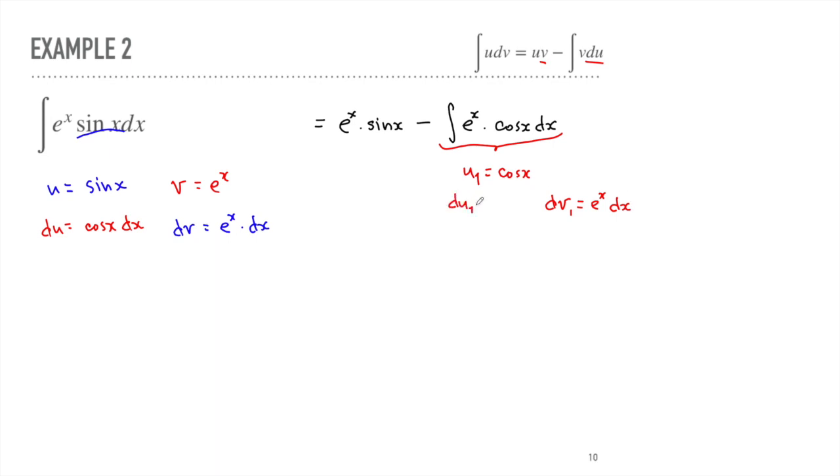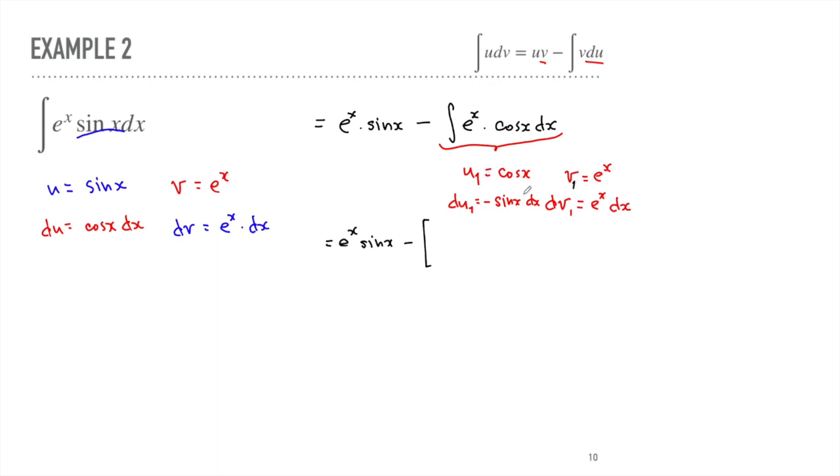Ang du natin, du1, ay derivative ng cosine, which is negative sine. At yung v natin ay integral ng e to the x, which is also e to the x. This entire expression, yung left side, magiging e to the x sine x minus, ilalagay natin siya sa isang grouping symbol para hindi tayo malito.